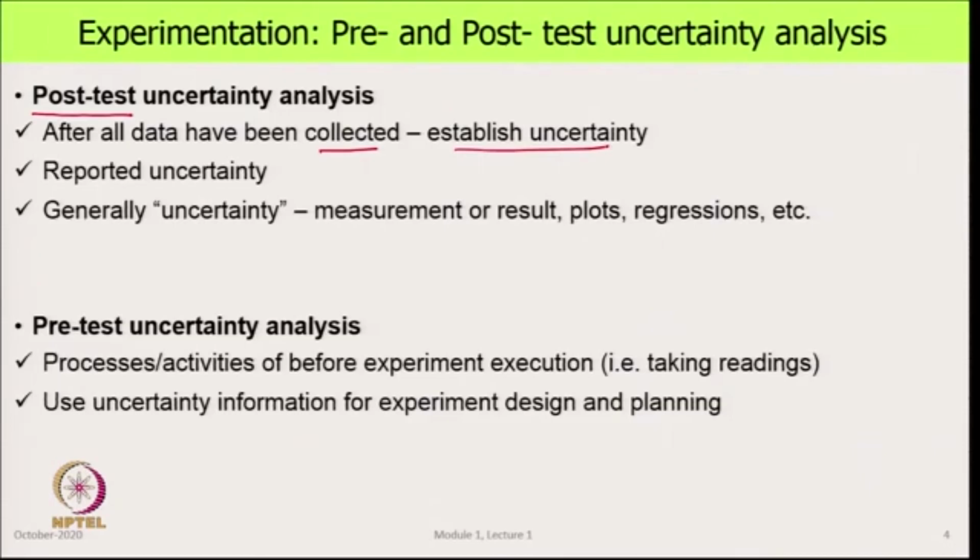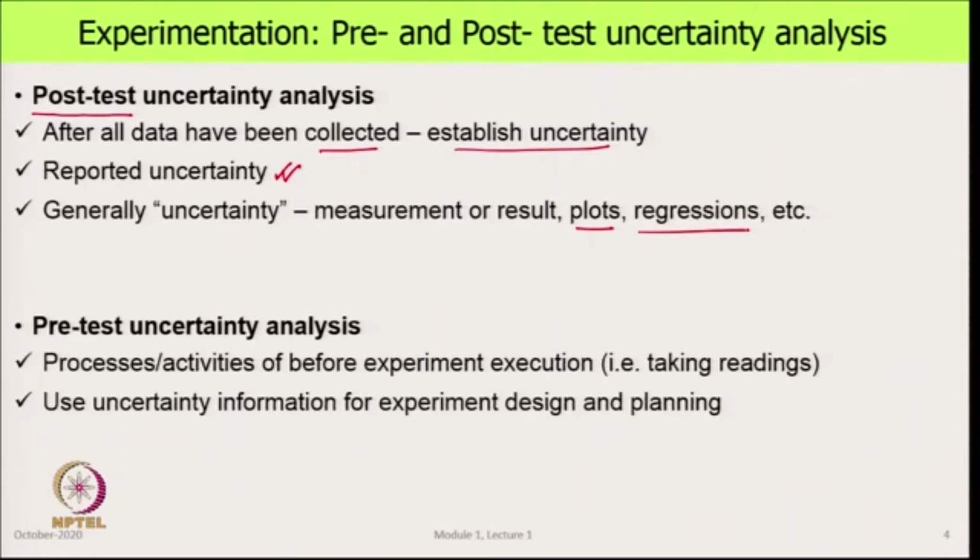So, this is what we report when we finally present the result, your reported uncertainty, which in general terms we always refer to as uncertainty, uncertainty of a measurement or uncertainty of a result. And we also show that when we make plots, we present regressions, there also we show what the uncertainty in various constants is. So, by and large, it is post-test uncertainty analysis that we have generally come to know as uncertainty.